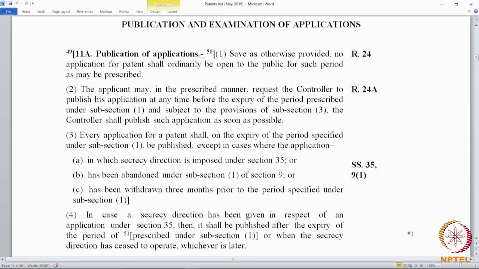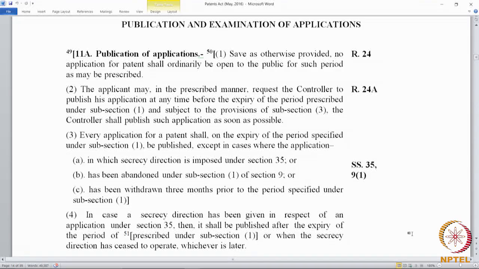Section 11A(2) states that the applicant may, in the prescribed manner, request the controller to publish his application at any time before the expiry of the period. This is what we just mentioned. The controller shall publish such application as soon as possible. Now, this is covered in rule 24A. So, rule 24A is an exception to rule 24.